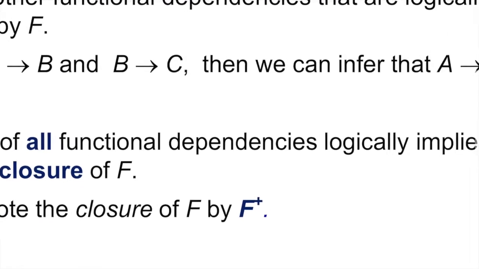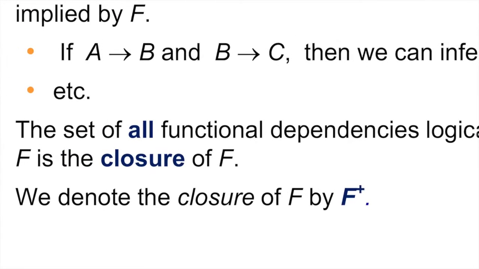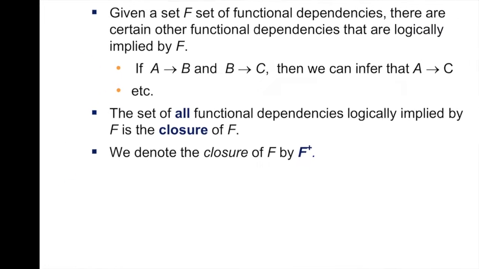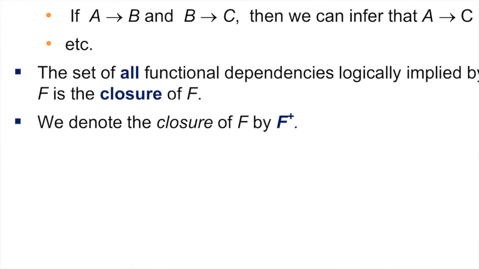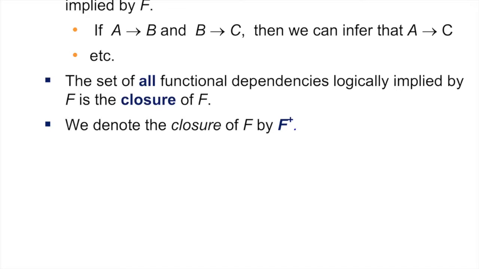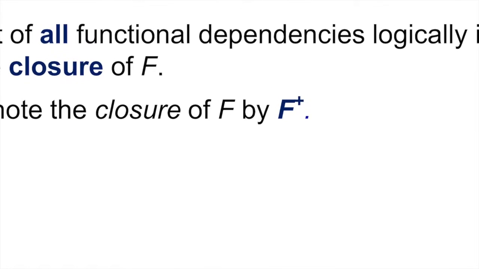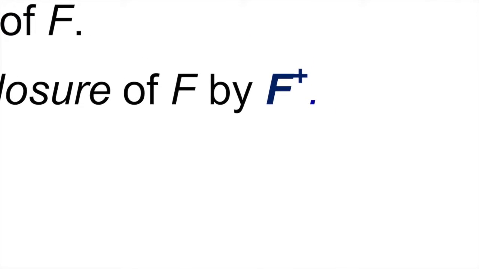Given that this is true, then we can imply that there is a functional dependency from A to C. So we can denote the set of all functional dependencies as F, and the closure of F is equal to F plus the union of all the logically implied functional dependencies from F, and this closure is denoted by F plus.